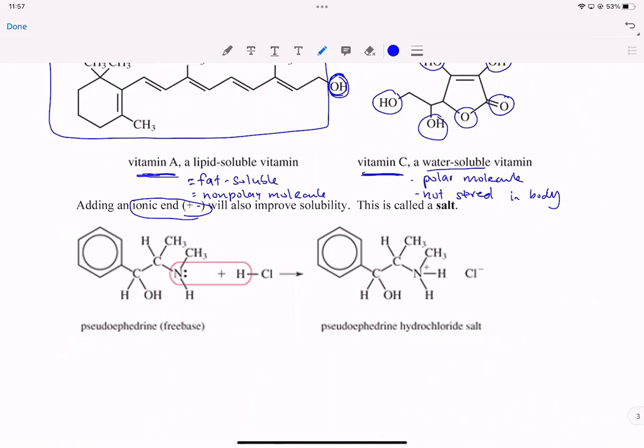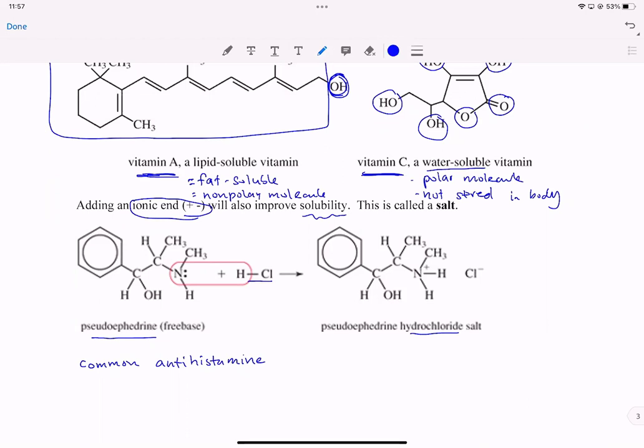So here's a process that turns pseudoephedrine, a common antihistamine, into what's called pseudoephedrine hydrochloride, where there's an ionic end added to it. And it's a reaction that is used to improve the solubility, to allow that antihistamine drug to dissolve in the body and have an effect.